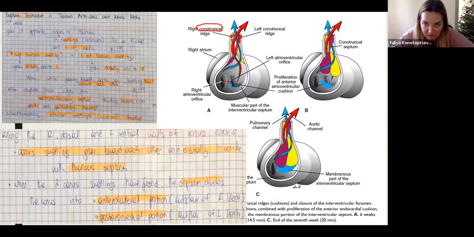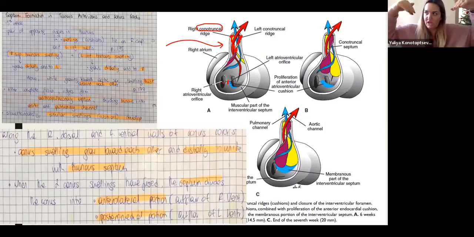This is a very fatal pathological malformation in the heart. It happens. Sometimes these endocardial cushions, when they grow towards each other, just fuse.